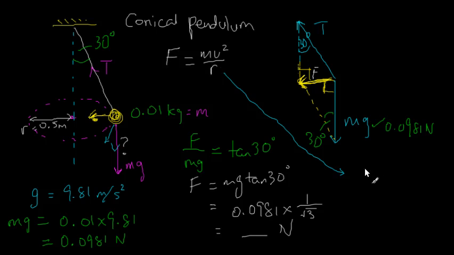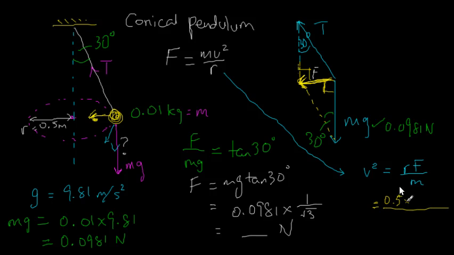So v squared is equal to r, which is 0.5, times the F that we have there.